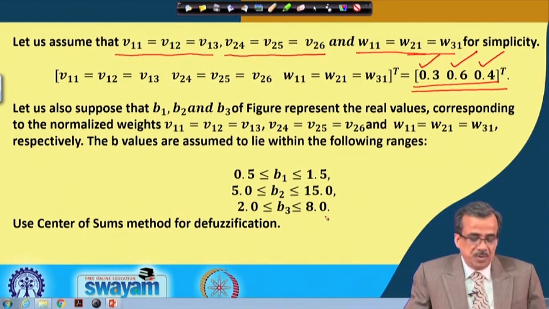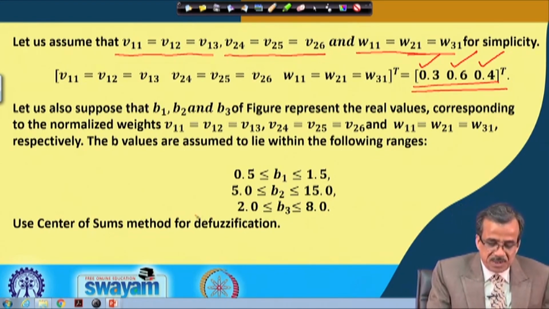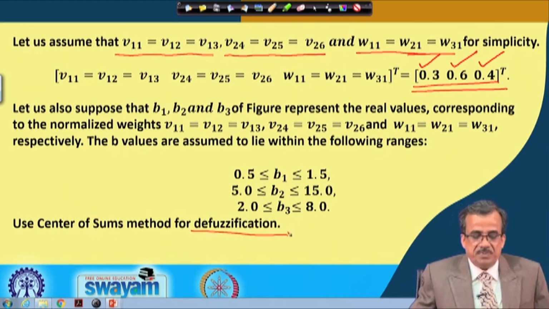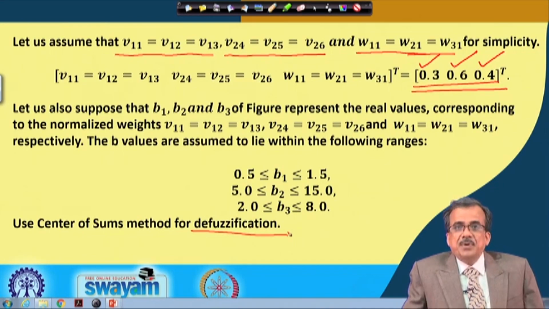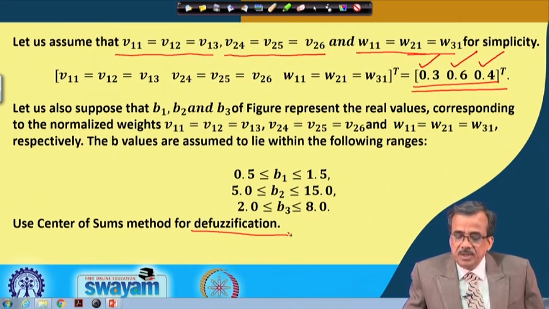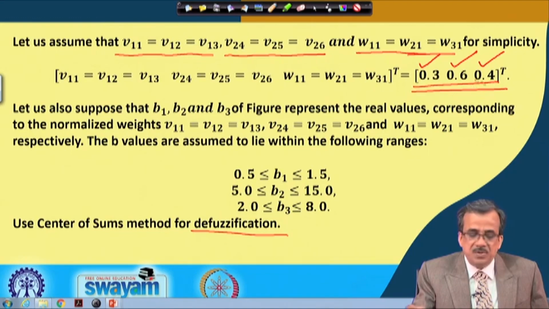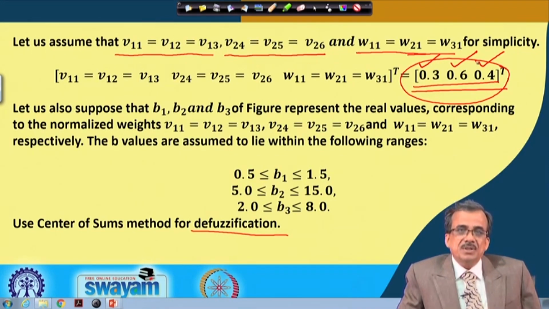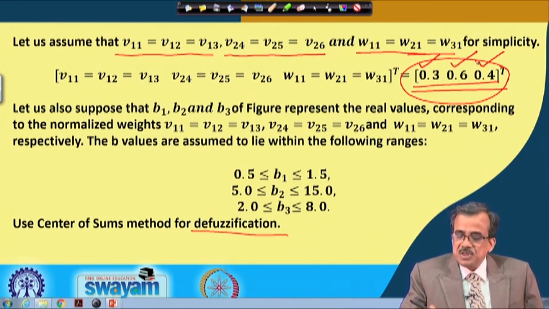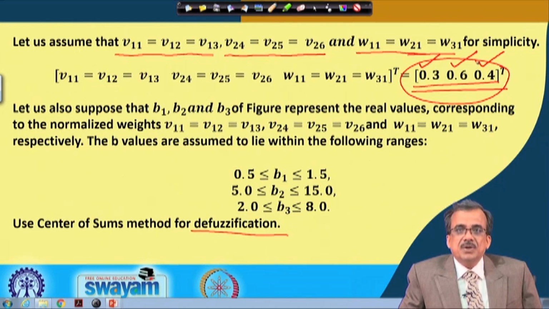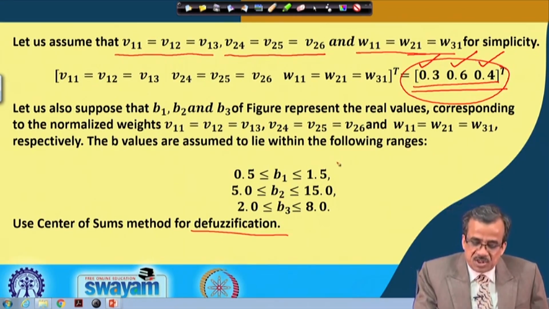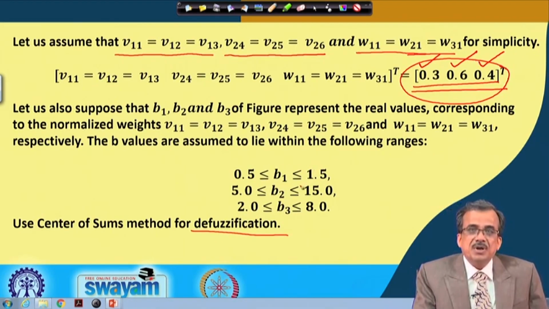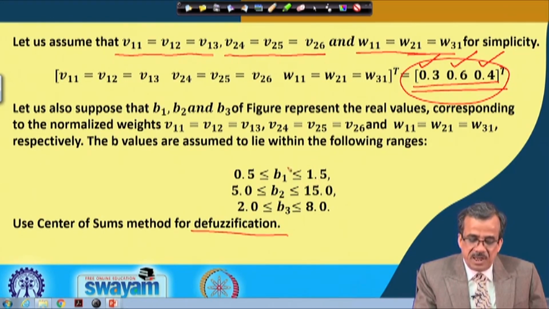And we are going to use the center of sums method for defuzzification. Now, one thing I should mention, although these V, V and W values are in normalized scale, you will have to find out the real scale values corresponding to these normalized values, considering the ranges for your different variables like B1, B2 and B3.